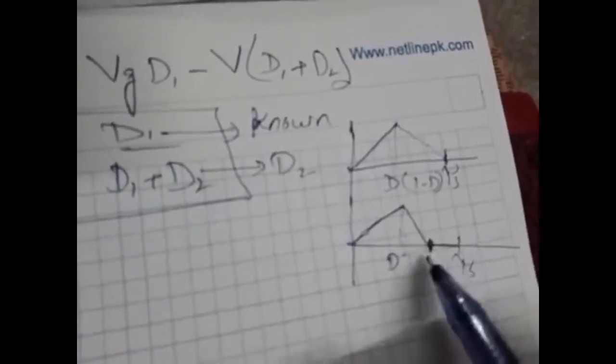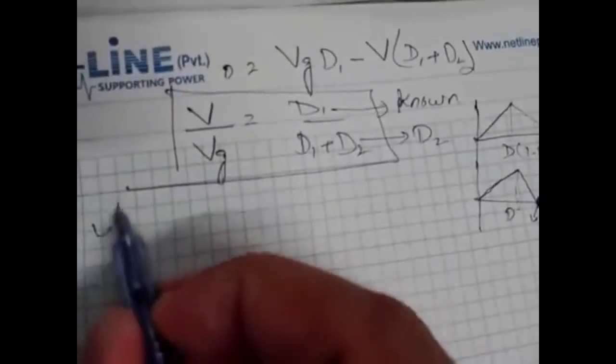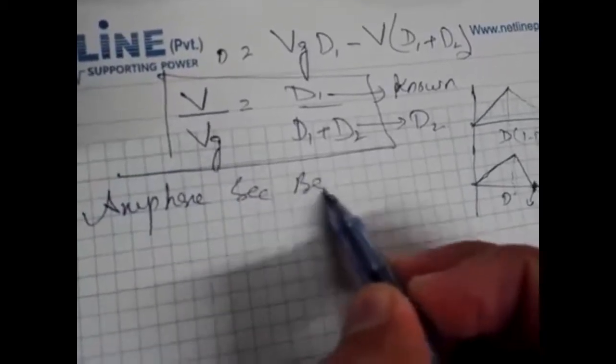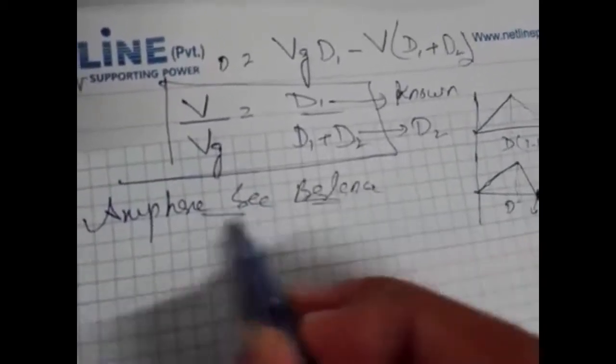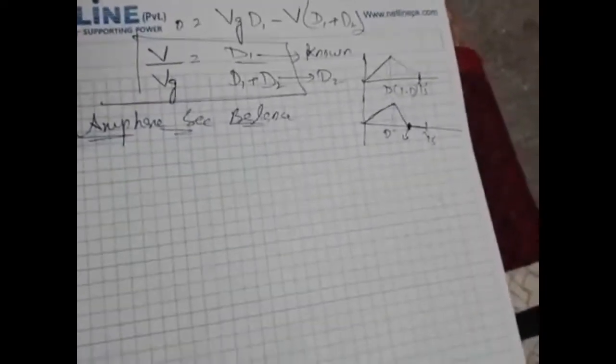So in order to find this boundary condition, I apply the ampere-second balance. In that case, the ampere-second balance will be a little bit different, because here the inductor current ripple is not equal to 0.